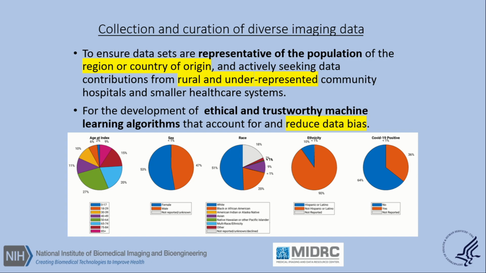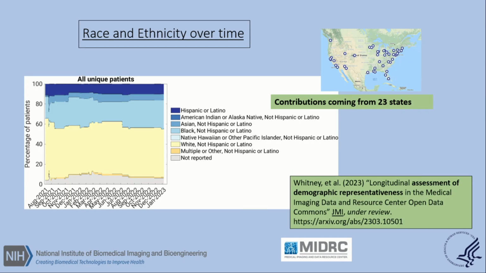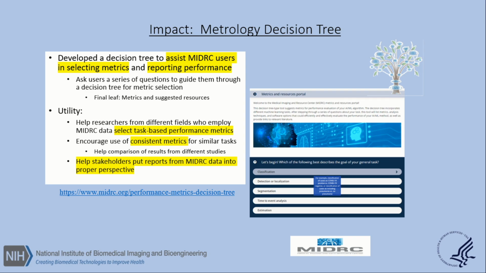I would like to see a universally applicable AI algorithm, but I think it's going to be a while before we do that. But here they're monitoring, for example, race, ethnicity, COVID positiveness, sex, and age, of course. And they do it over time, so that if you want to sample at any given time, you know exactly what kind of patient you're getting during that period. And this is important if you're going to have anything useful.